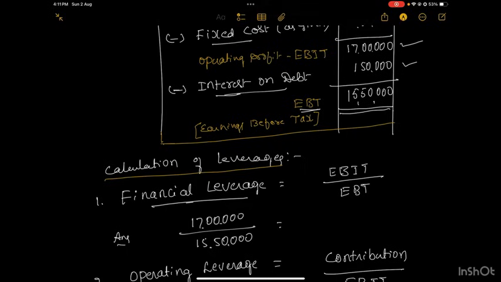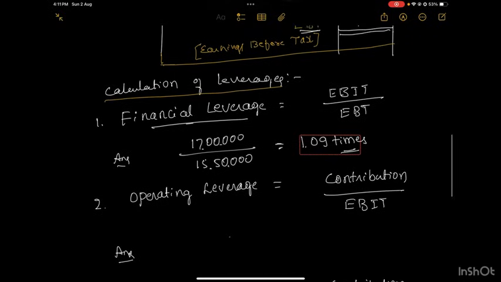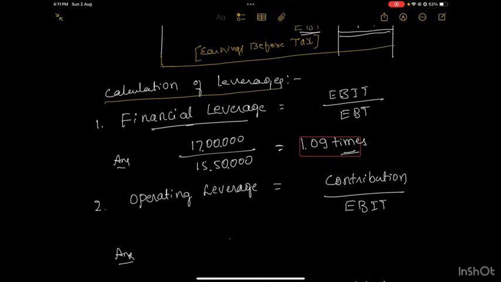So 17 lakhs divided by 15 lakh 50,000. Do it in the calculator so that you will get 1.09 times. We represent it in times, not percentage.